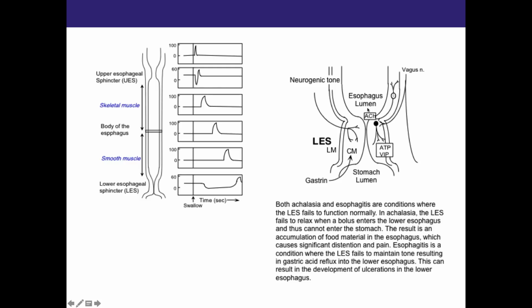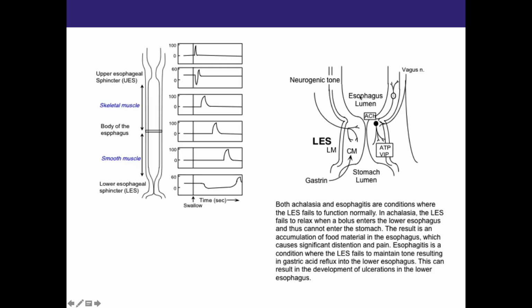So you guys know this as heartburn, right? It's technically known as GERD, gastroesophageal reflux disease. So it fails to maintain tone. It's always relaxed, and that's when acid bubbles up.